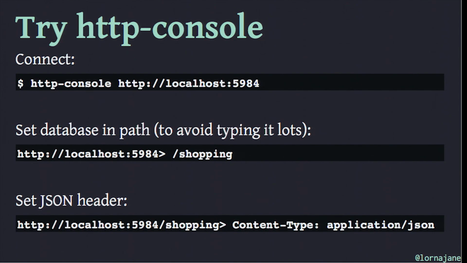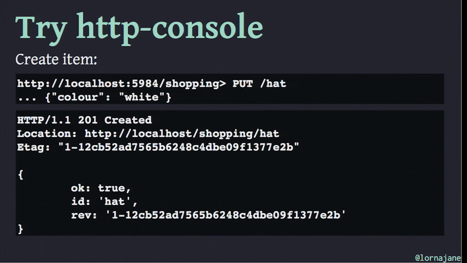The third command here is just setting the JSON header. So whenever I'm making a request that has a body from HTTP console, the content type, an entity header, it'll send this. CouchDB needs you to send the content type correctly with the body, so that's how that works. Now I don't have to remember it's there, which is great.